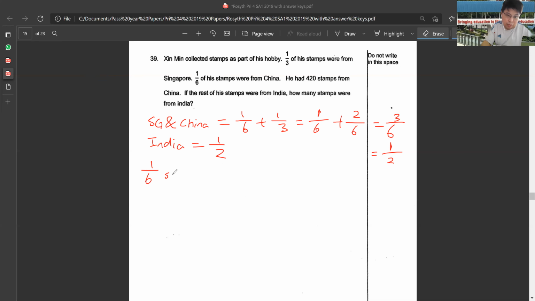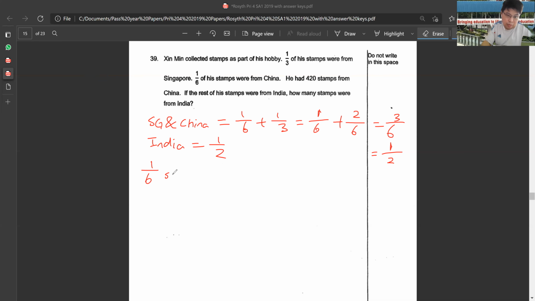So you want to find India, half of his stamps, right? Half is equal to how many over 6?